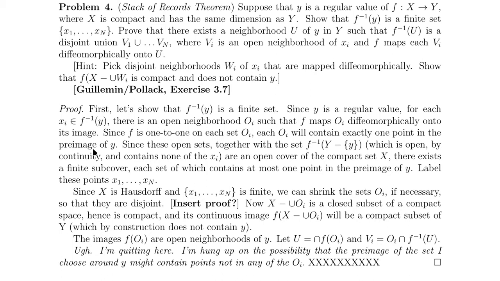But so far, what I do feel secure about, even though I haven't put all the details down, is that it is possible to find disjoint sets in X, each of which maps diffeomorphically onto an open neighborhood of Y. That I feel good about. Right. I also feel good about that.